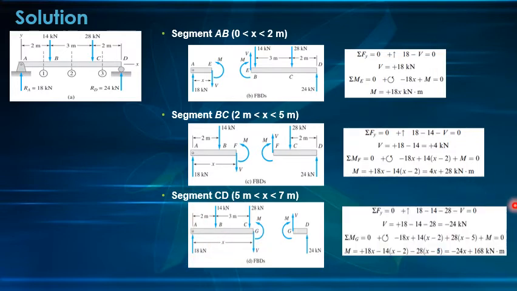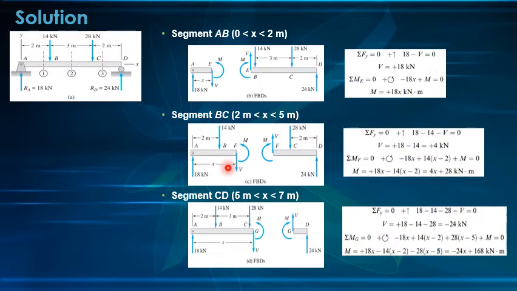Then we do summation forces y, taking upward positive. So we will have 18 minus this 14 minus this 28 minus the shear force. So we will arrive at a shear force equal to negative 24 kilonewton. Our shear forces are constant, class. That is the effect when the given loads are concentrated loads.